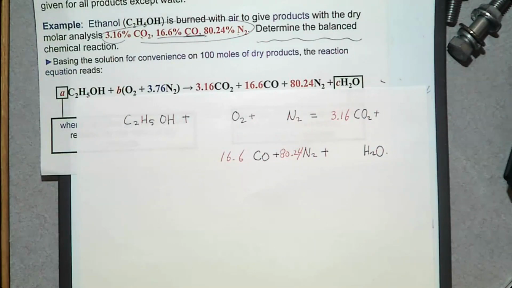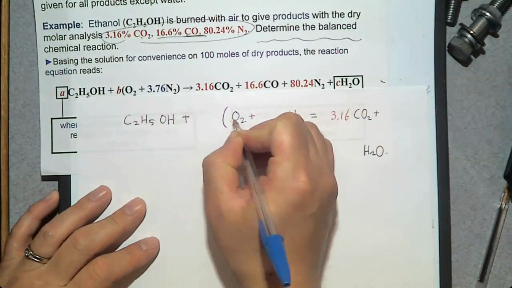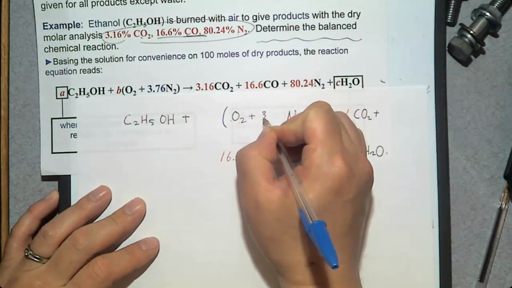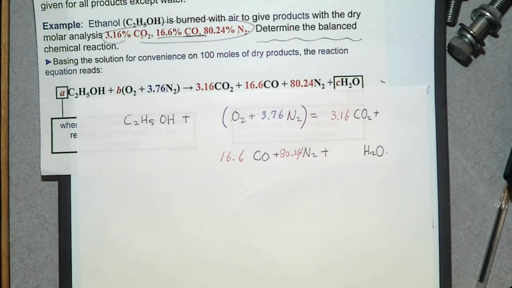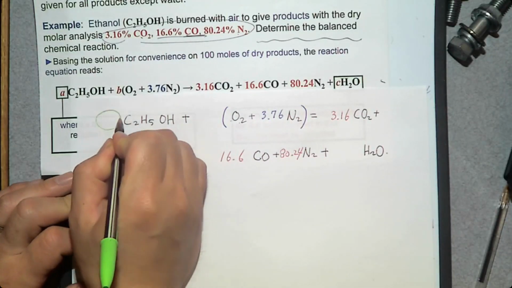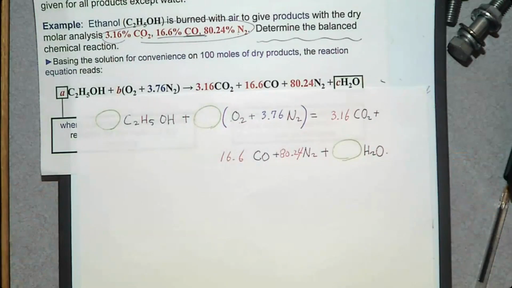Then we need to determine the number of moles of ethanol, oxygen, nitrogen, and carbon dioxide. First, the ratio between oxygen and nitrogen in air is 1 to 3.76. So for 1 kilomole of oxygen, there are 3.76 kilomoles of nitrogen. And we need to determine how many moles of ethanol, how many moles of air, and water.